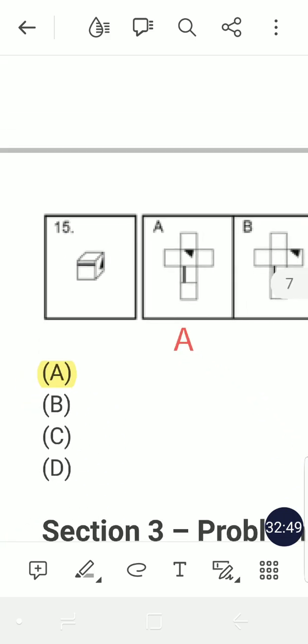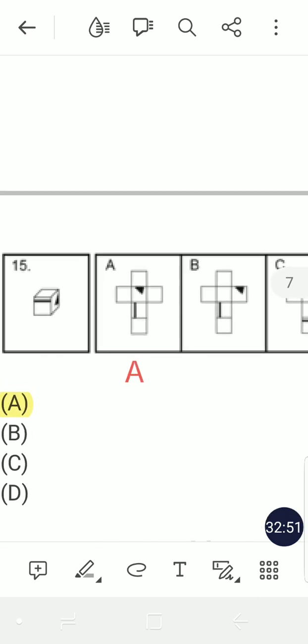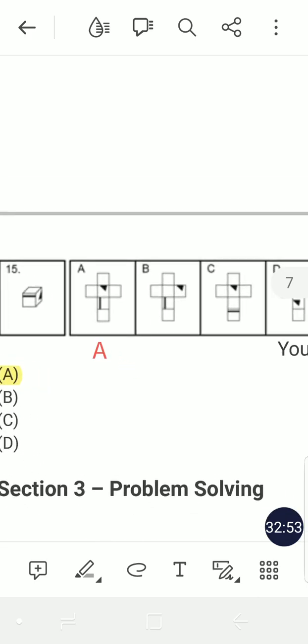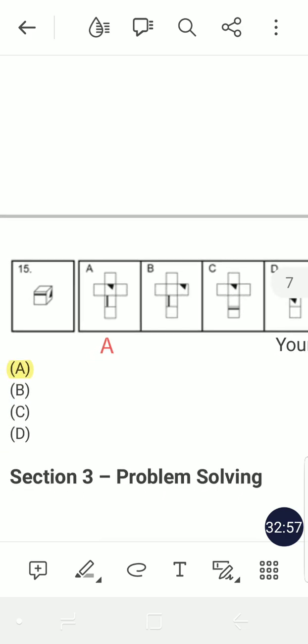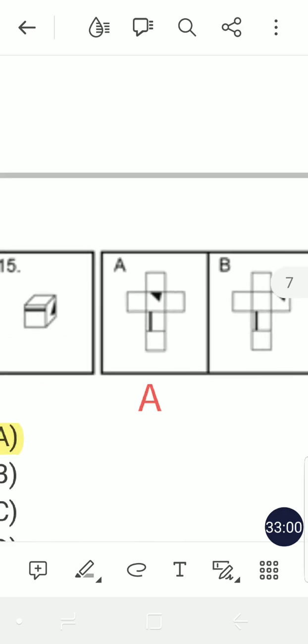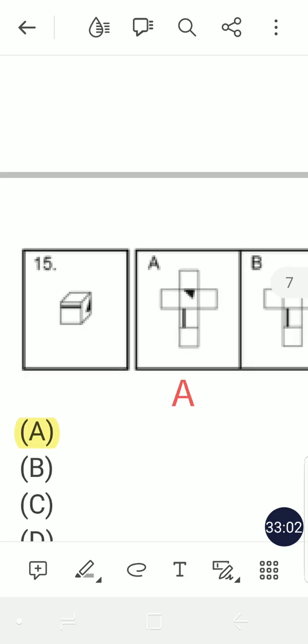Okay, so like I said, everyone is different in how they see the folding of the figures, but I tried my best to explain in the way how I interpret the figures.